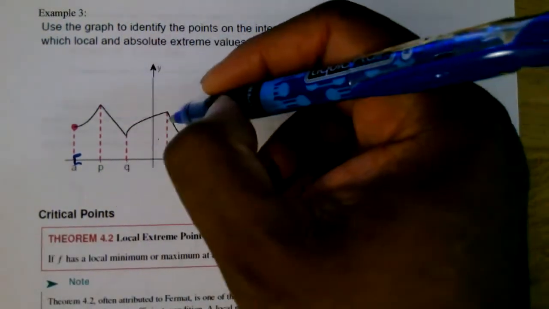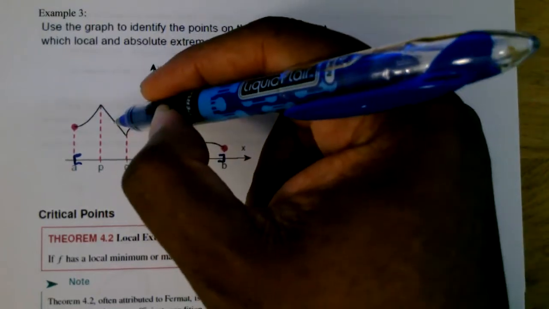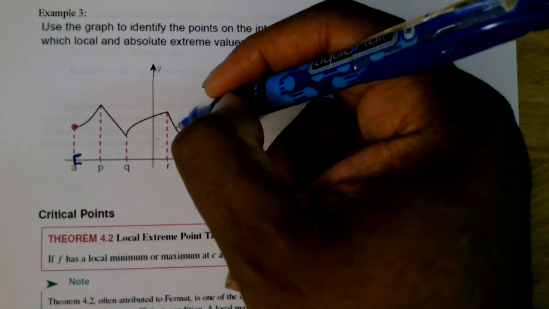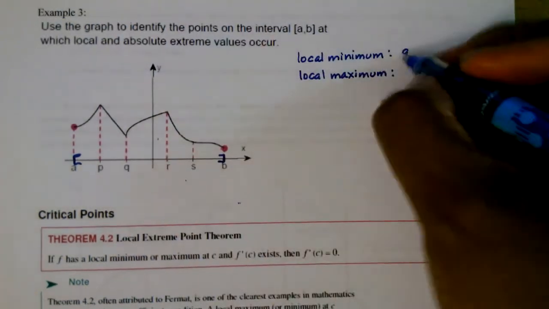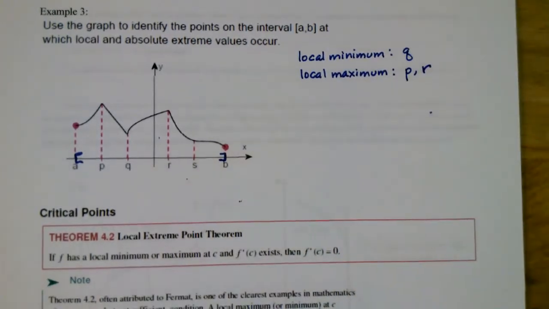Now for a local maximum, there's a couple of points here that reach up and then start going down. And then we have another one that goes up, reaches this point, and goes down. That happens at both P and R. So at P and at R, we have a local maximum.